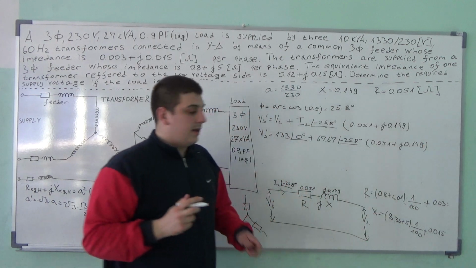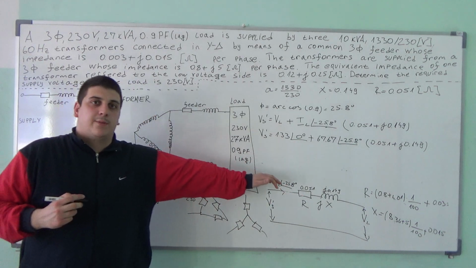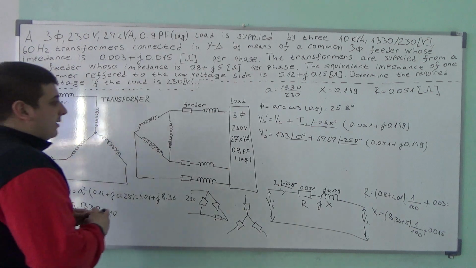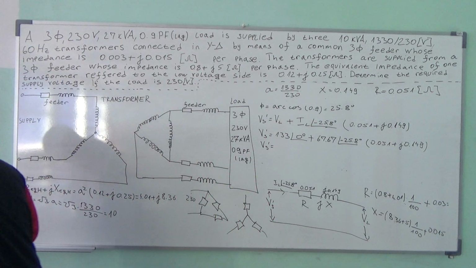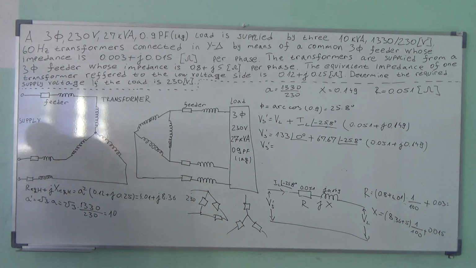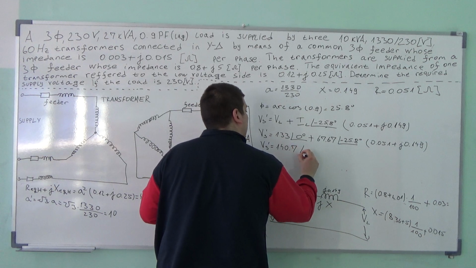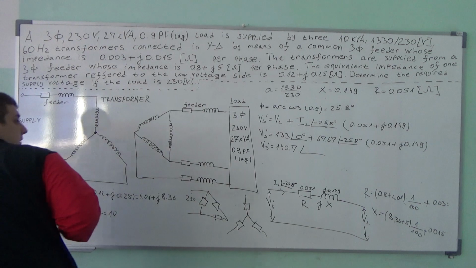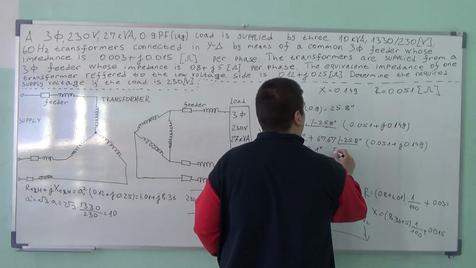Now this is mathematics, I did it a lot of times in this course, and when you finish all this, you get that VS is equal to 140.7 at 3.1 degrees volts.